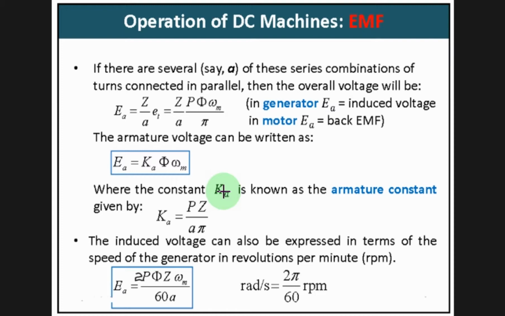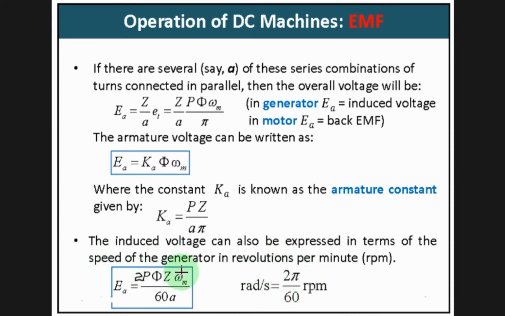This has converted omega m into revolutions per minute, because normally for motors the revolutions per minute is shown, not the revolutions per second.